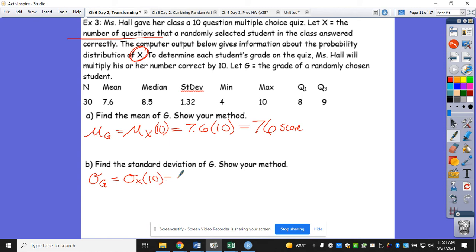Times 10. What's my sigma of x? Points might make more sense than score. I don't really care how you write this though.